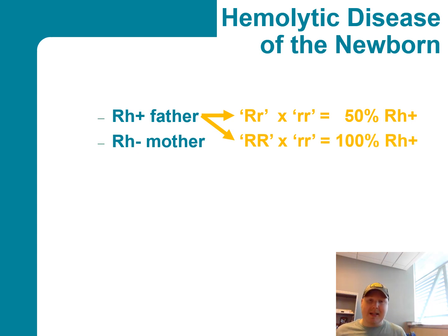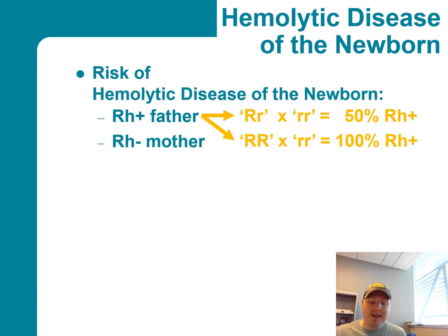This means that depending on the genotype of the father, there is either a 50 or 100% chance of the fetus being rhesus positive. So whenever there is a rhesus negative mother and the father is rhesus positive, this is a potential complication, in that the baby might develop a hemolytic disease of the newborn.